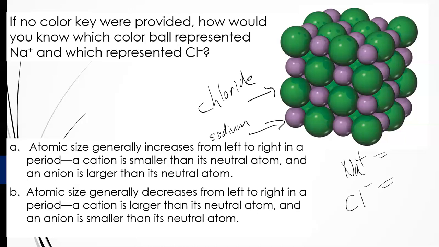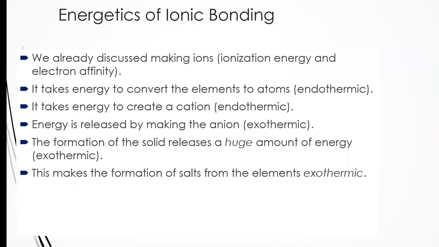Now, when we're looking at an ionic bond, we've discussed the different parts of it. We said there's an energy that's required for us to ionize, so when we make all of our cations. And there's an energy involved when we make our anions. For some elements, it takes energy to make them into atoms.